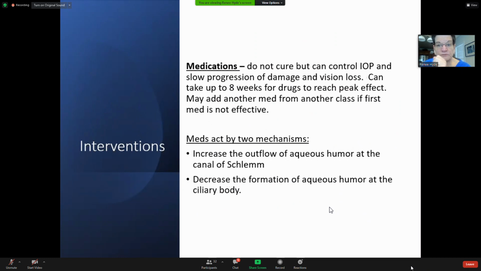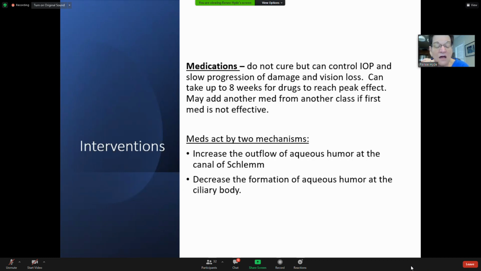One of the things that you need to be very well aware of and teach your patient is that these medications do not cure glaucoma, but they can help control the intraocular pressure and hopefully slow progression of damage and vision loss. Just like many other drugs, it can take up to 8 weeks for those drugs to reach their peak effect.